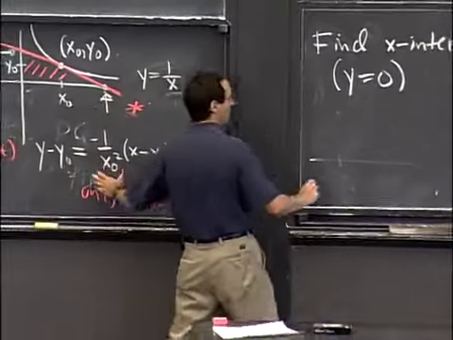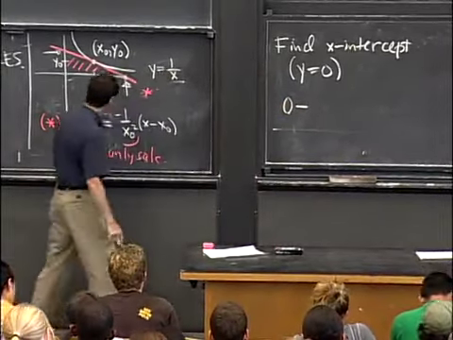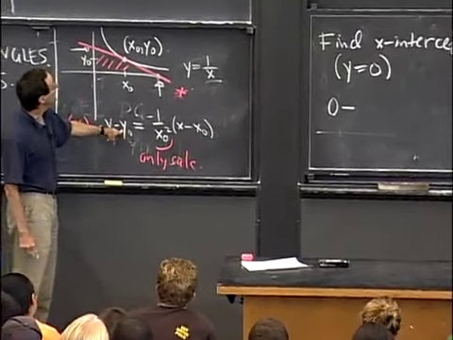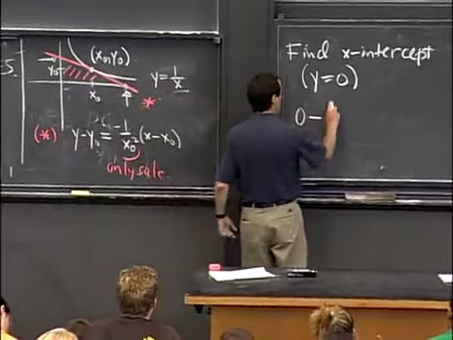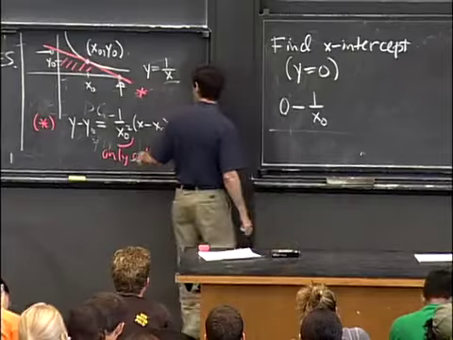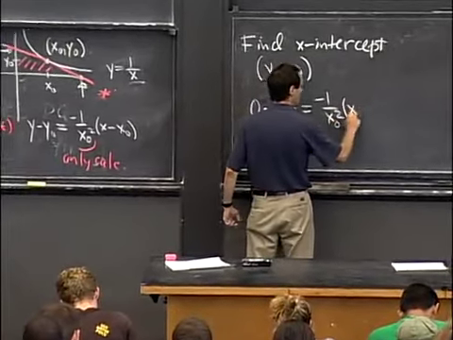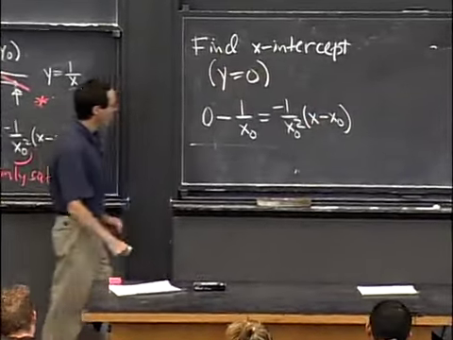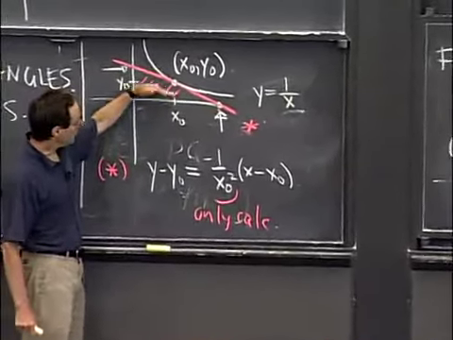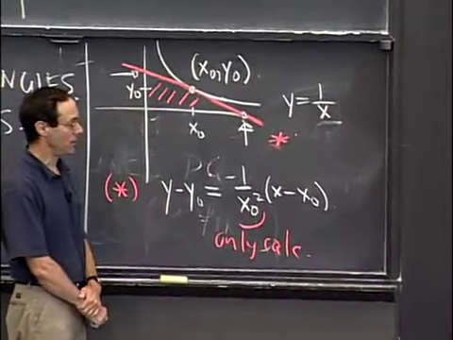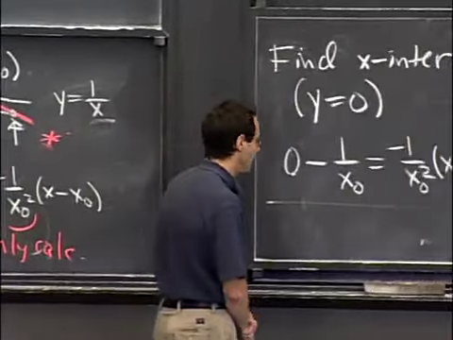So let's do that into star. So we get 0 minus, one other thing we need to know. We know that y0 is f of x0, and f of x is 1 over x. So this thing is 1 over x0. Right? And that's equal to minus 1 over x0 squared, times x minus x0. All right? So in order to find this x value, I have to plug in one equation into the other. So this simplifies a bit.